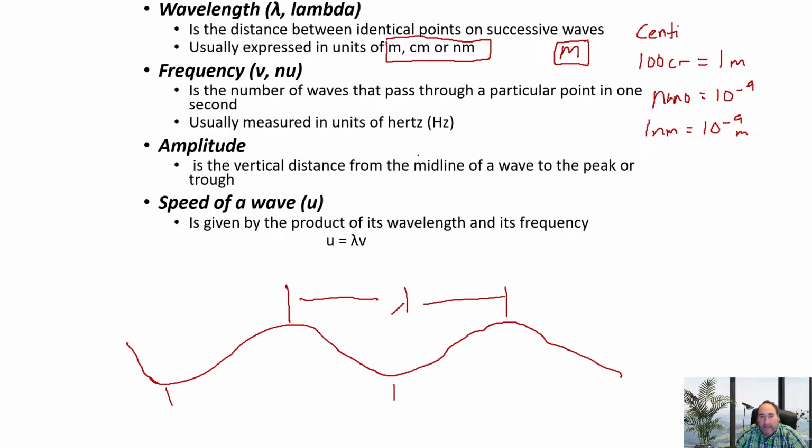Frequency is the number of waves that pass through a particular point in 1 second. Usually the units of frequency are hertz or reciprocal seconds. And 1 hertz is equal to 1 reciprocal second.